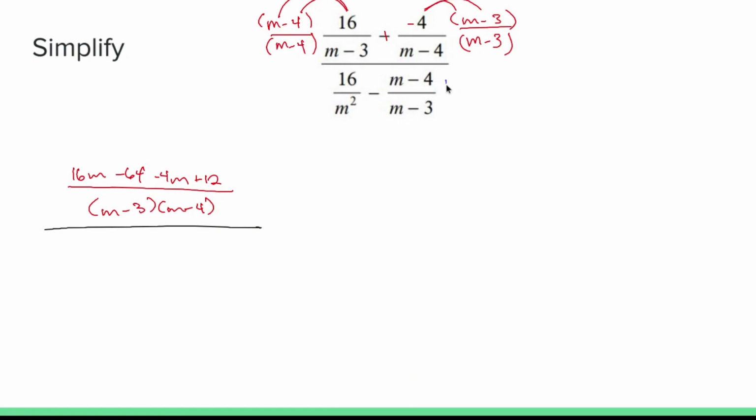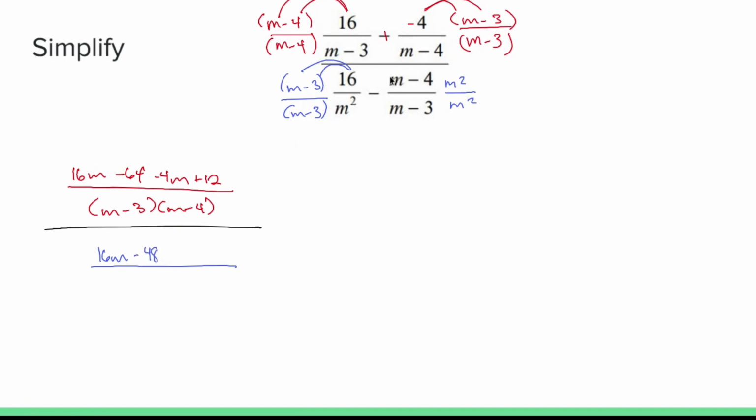I have to multiply 4 by m squared over m squared. I have to multiply 4 by m minus 3 over m minus 3. So similarly we have 16 times m, 16m, 16 times negative 3, which is negative 48.